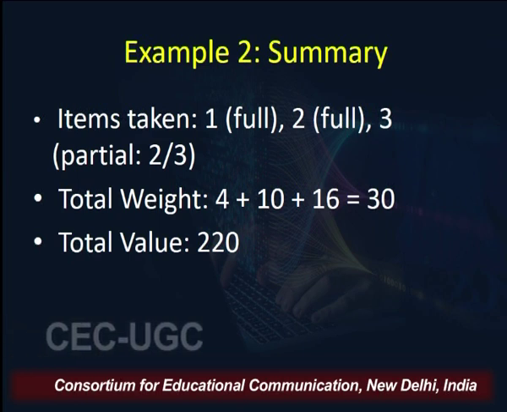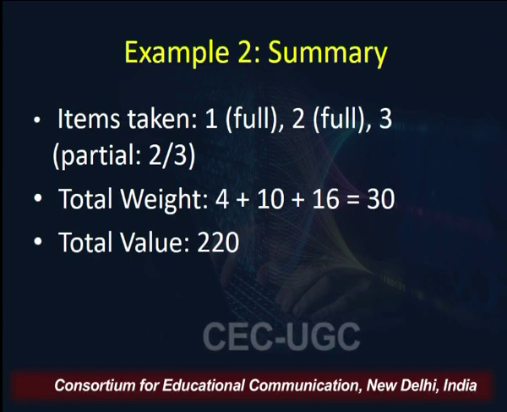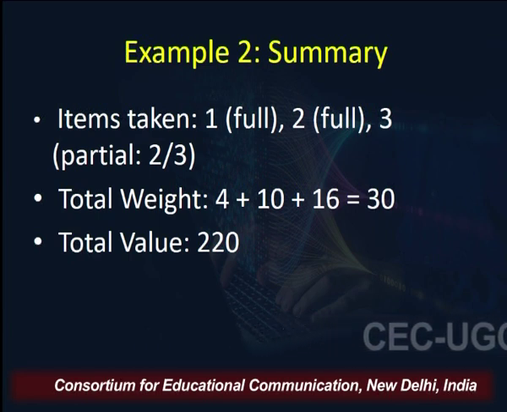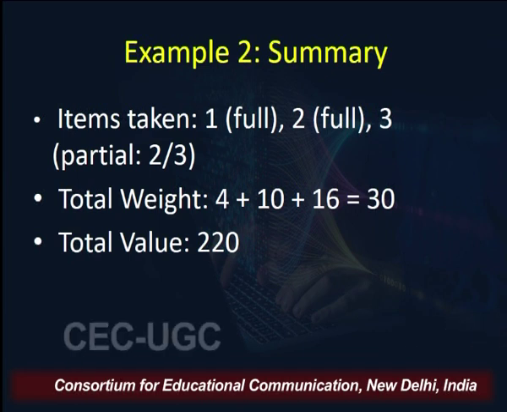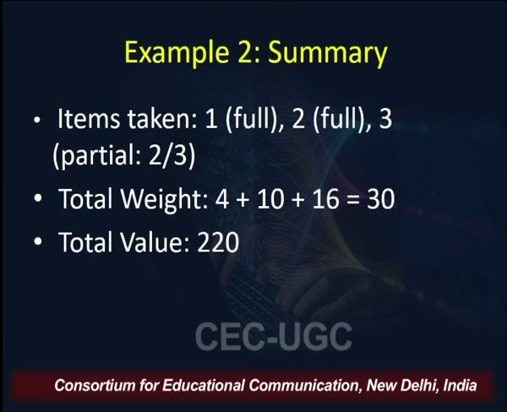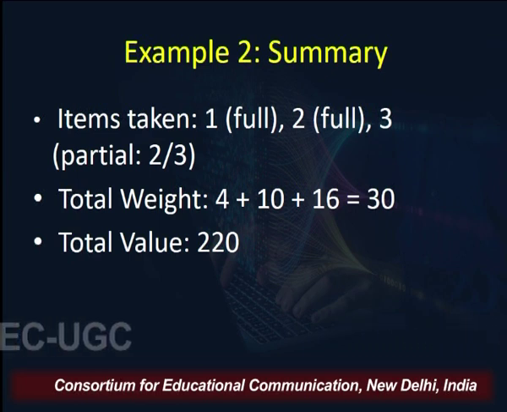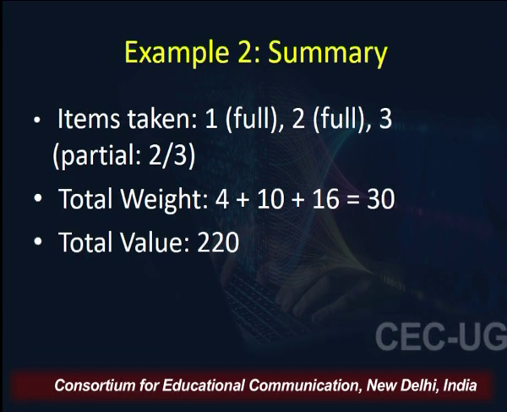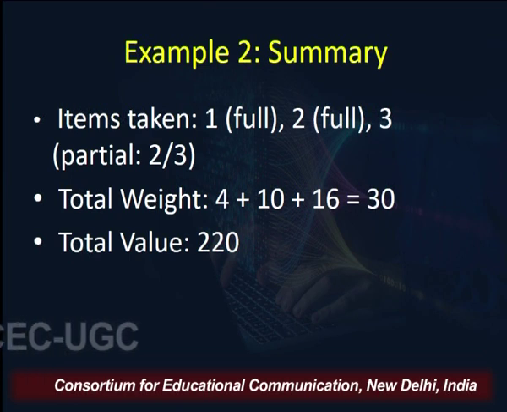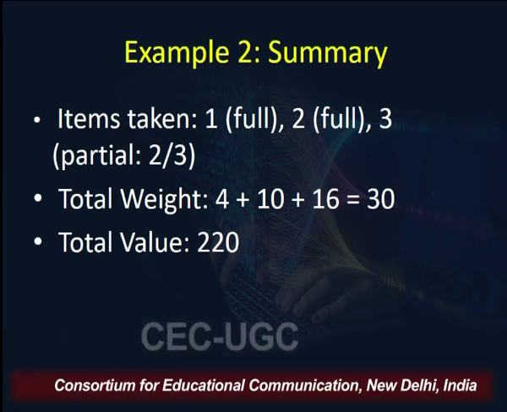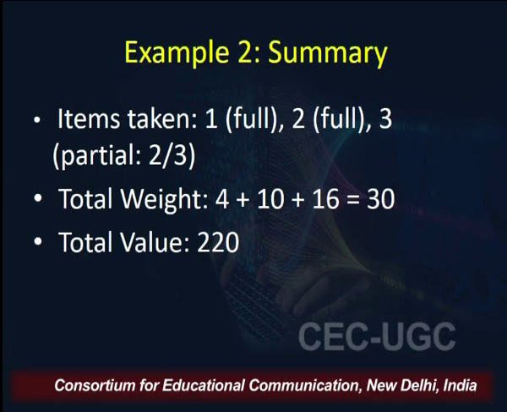So, here what we have done is take the V by W ratio, sort the items and prioritize the items on the basis of the highest ratio, and whatever we can choose we take in full, and if we are not left with the appropriate capacity, then we are also ready to take items in a partial manner, which is also allowed.